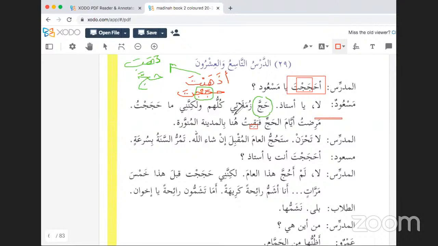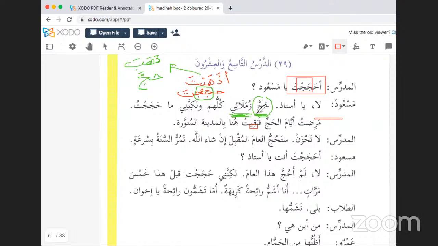Why did he say hajja zumala'i? Zumala'i is singular or is it plural? Plural. So then the verb should be singular or plural? When we start a verbal sentence, it should be singular, even if the fa'il is jam', like over here, zumala, because the fi'l preceded the fa'il, it can be in the singular form.